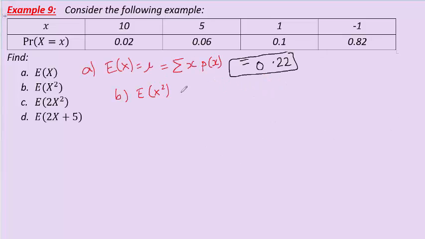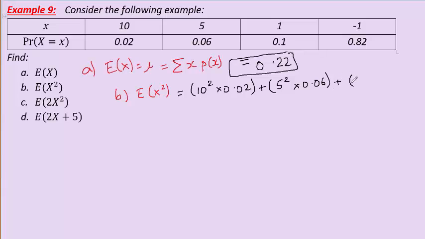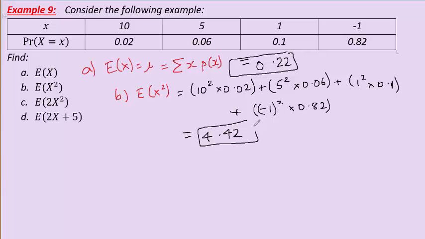So that will be 10 squared times 0.02 plus 5 squared times 0.06 plus 1 squared times 0.1 plus negative 1 squared times 0.82. And then if I do all that, I end up with 4.42. So that's my next one.